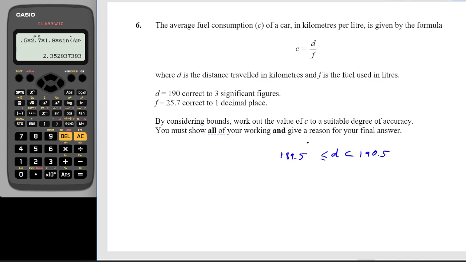And then if we do the same for F, the smallest that F could be would be 25.65, and the largest it could be would be 25.75.